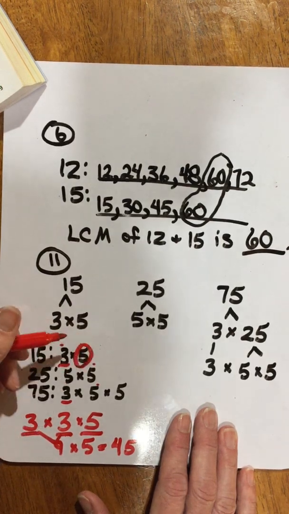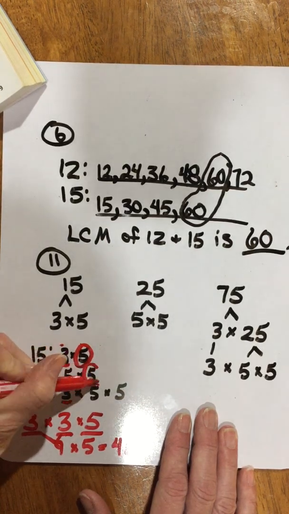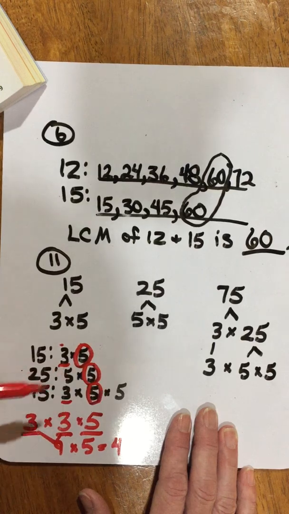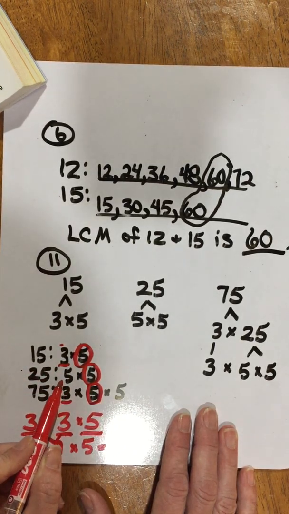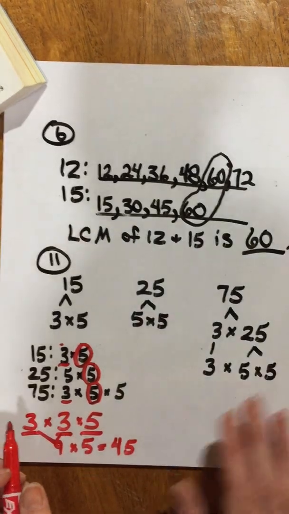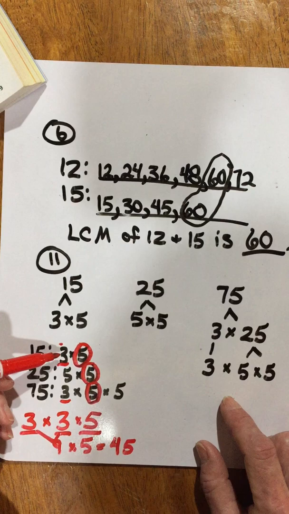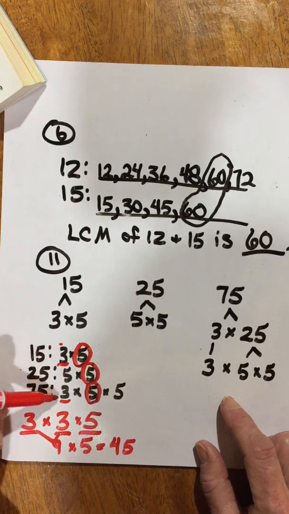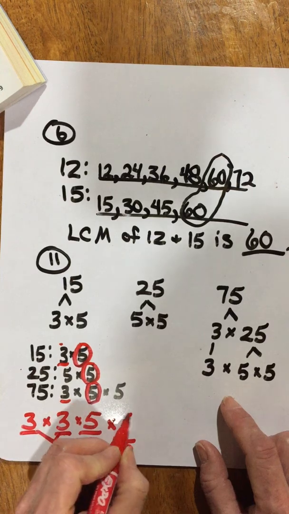So the ones that are in common, you can only use one time. But the extra can be written into the equation still, written into our final answer. They did not all have a 3, so I listed both 3s, and I have 2 extra 5s left over.